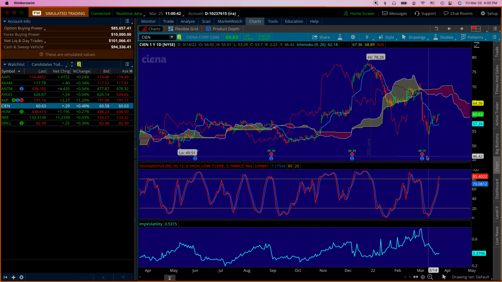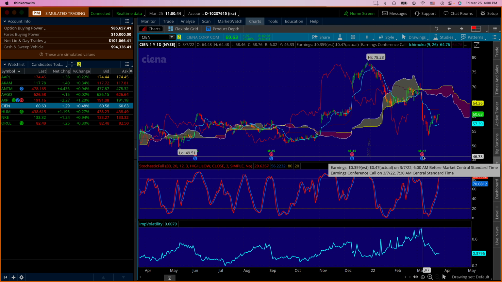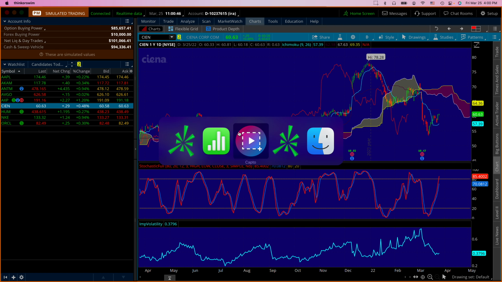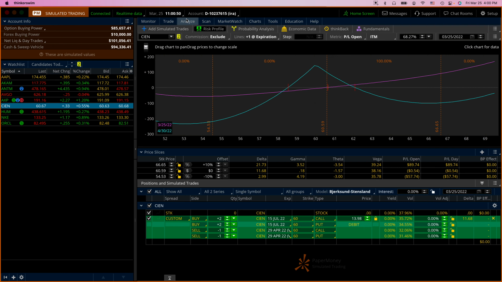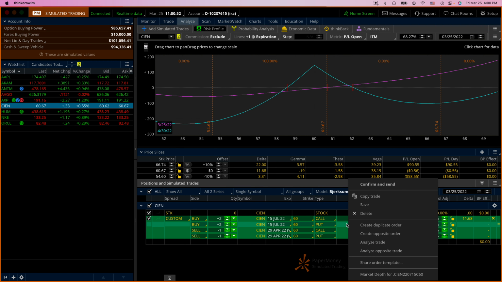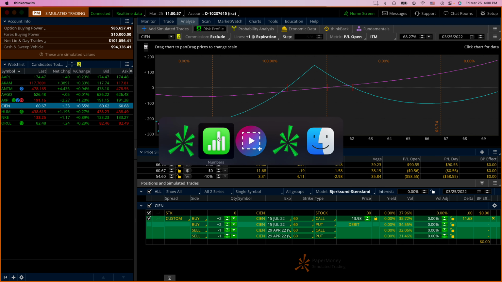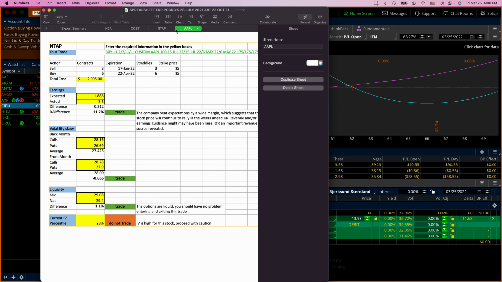And the earnings came in at, yeah, let's do this for the exercise, okay? Let's take the trade, analyze tab, copy the trade here. Paste it here. Let's create a new trade here.